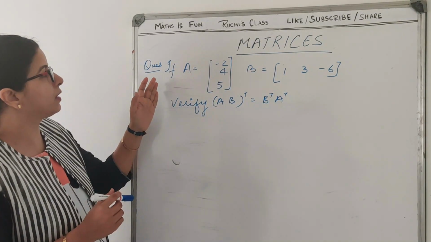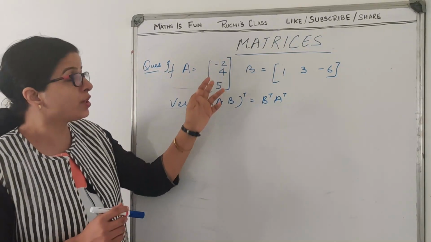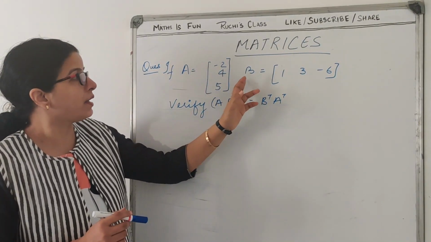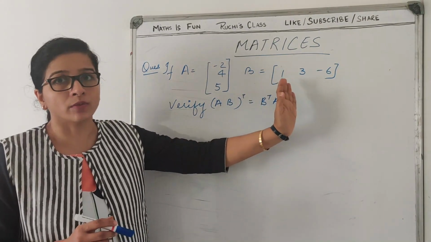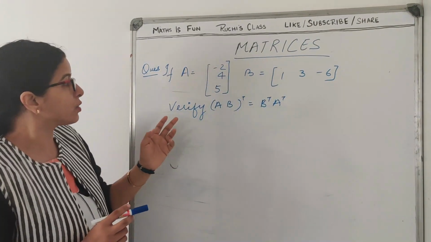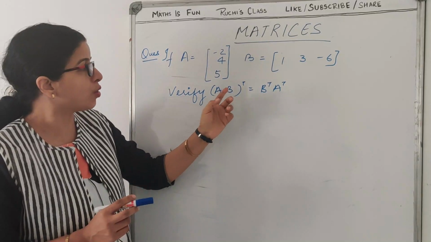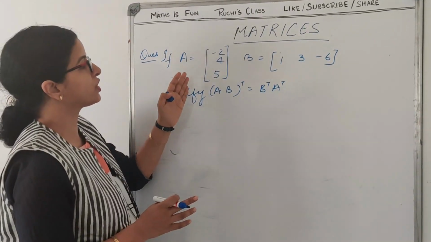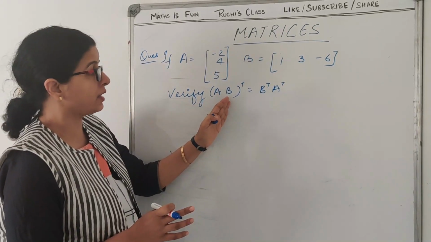So I have taken here A is equal to, which matrix is this? Column matrix, right? We have one column and three rows, and B is a row matrix in which one row and three columns are there. So I have to verify (AB) whole transpose is equal to B transpose A transpose. First of all we'll check whether AB is defined or not.